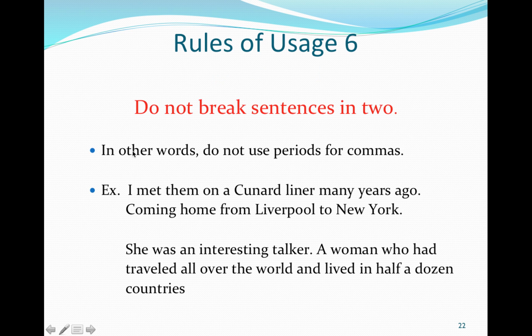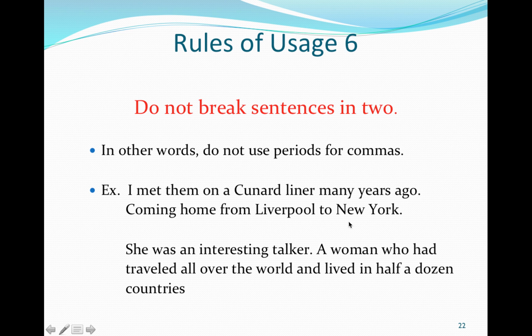Rule 6, do not break sentences in two, and that is T-W-O. In other words, do not use periods in place of commas. I met them on the Cunard liner many years ago. Period.